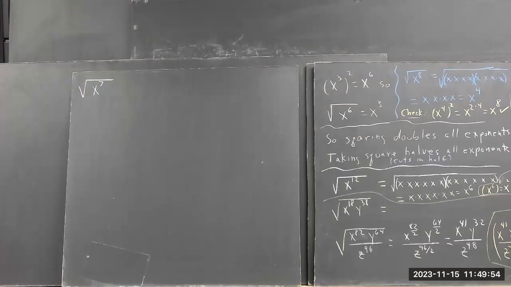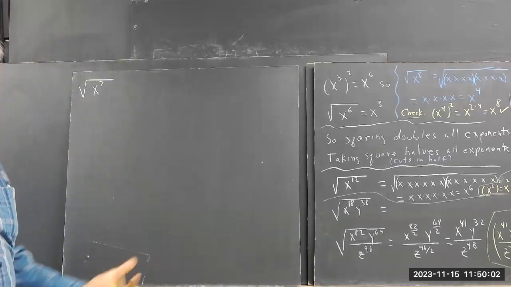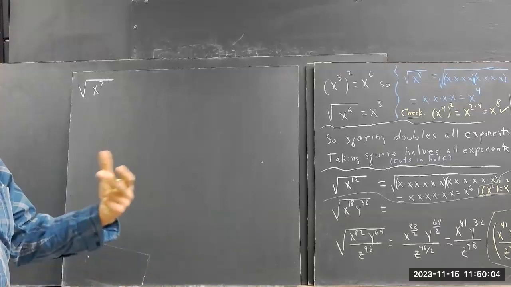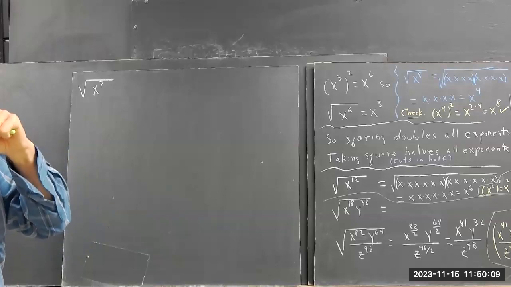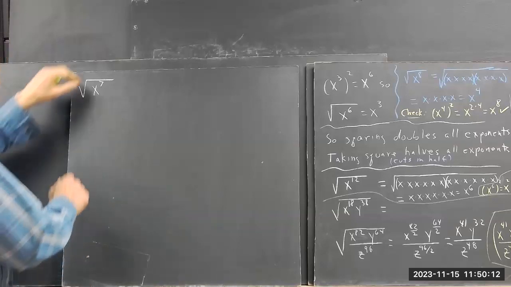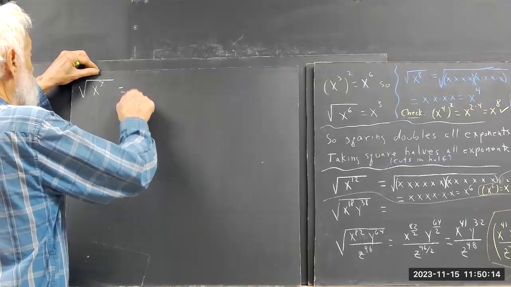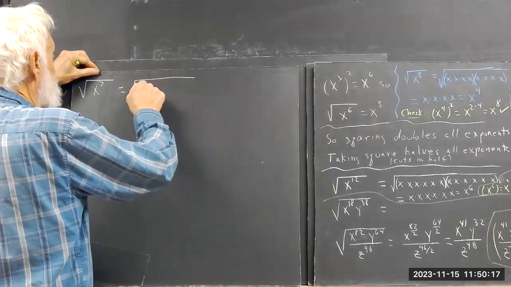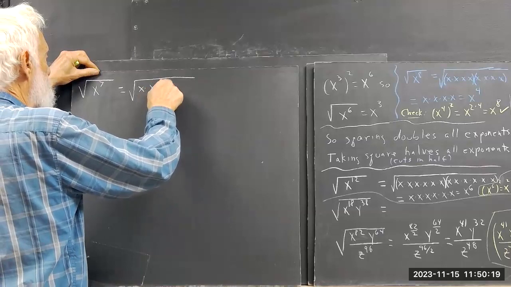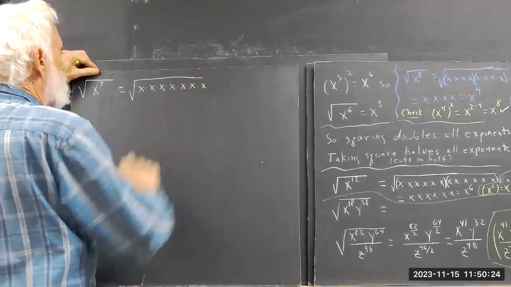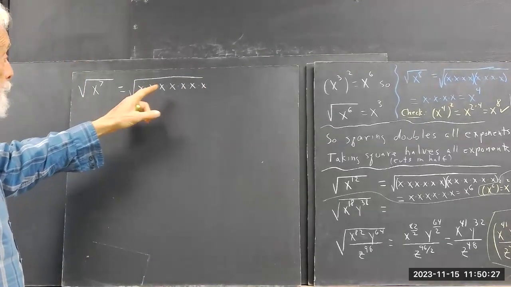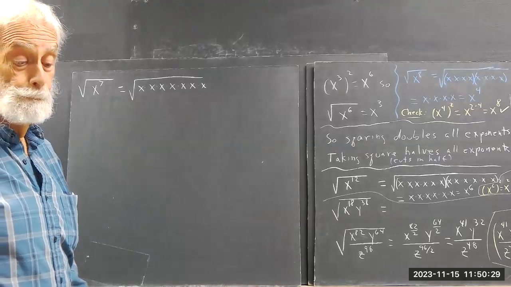All right, if we want to do the square root of x to the 7th, we could divide 7 by 2 and we get 3.5. So we get x to the 3.5. That's valid, but the most simplified way of writing that, well, this is what we really want to do. You write the square root of 1, 2, 3, 4, 5, 6, 7 of them.